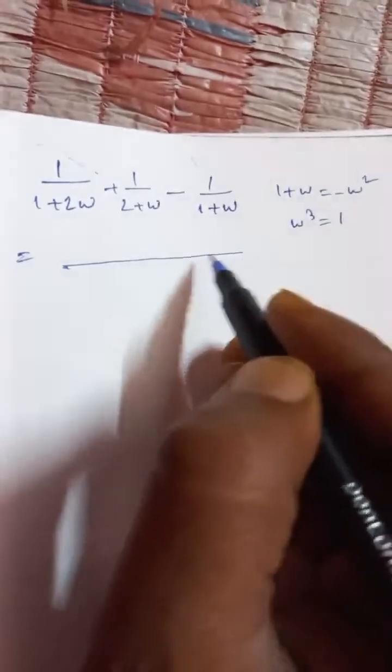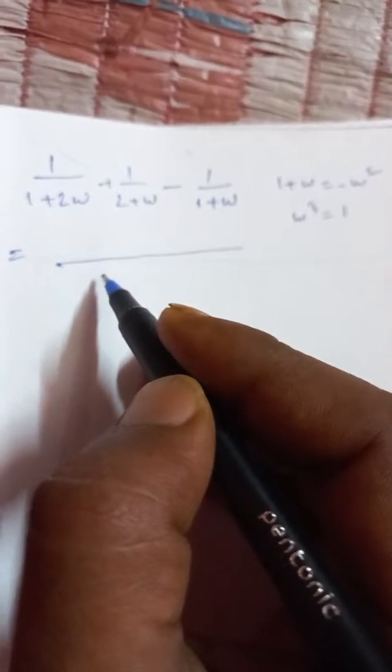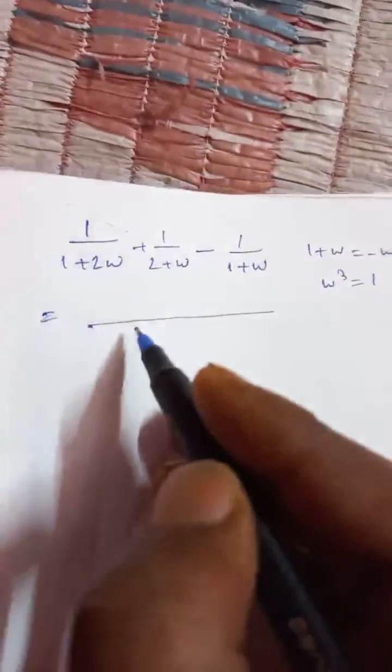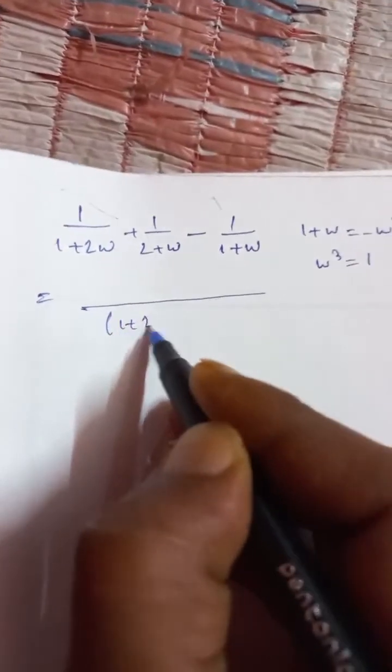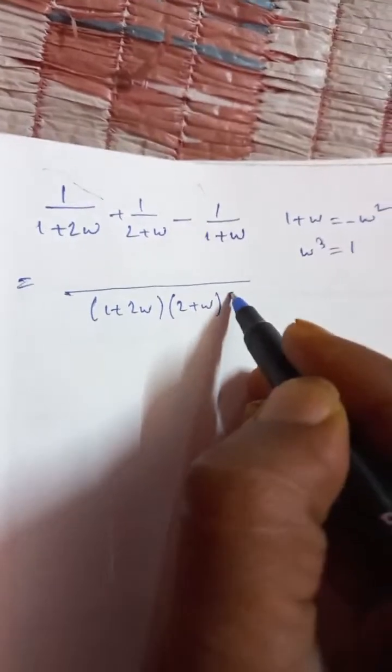So if we take the LCM of these three, one plus 2 omega, plus 2 plus omega, plus 1 plus omega.